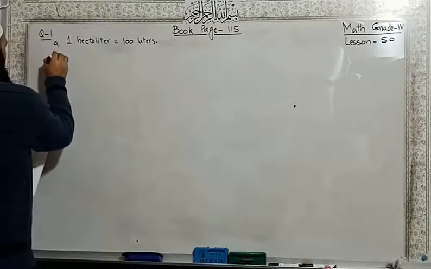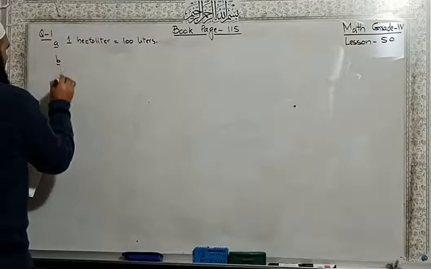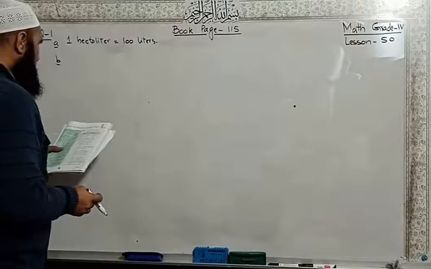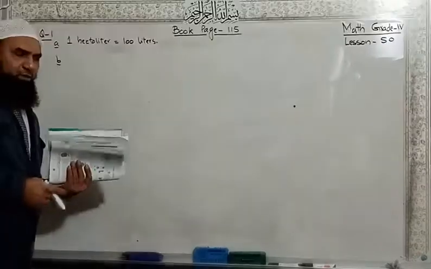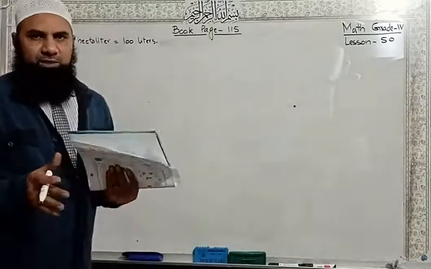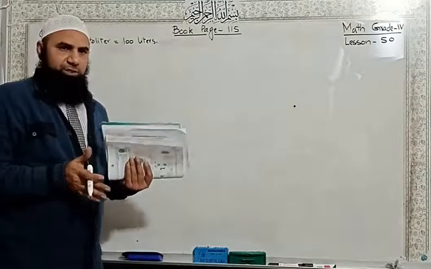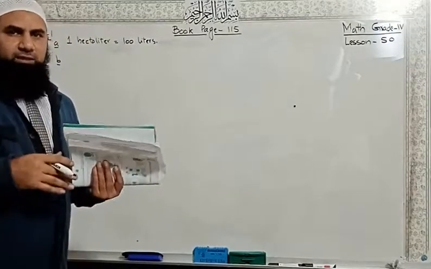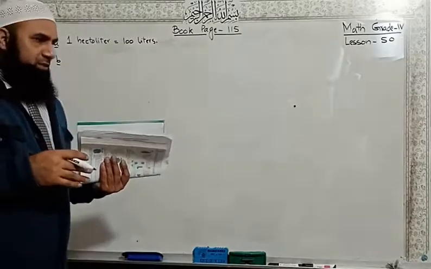This was A. Now B. 1 centimeter is equal to how many meters? We know that centimeter is the smaller unit of meter, and when we divide 1 meter by 100, we get 1 centimeter.